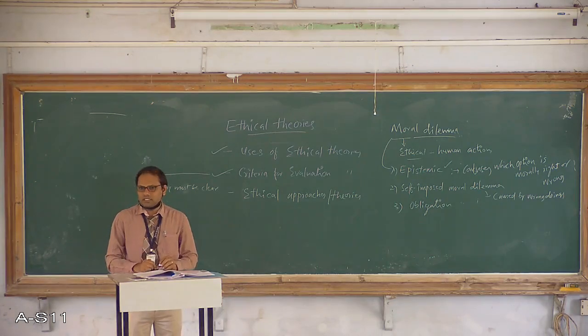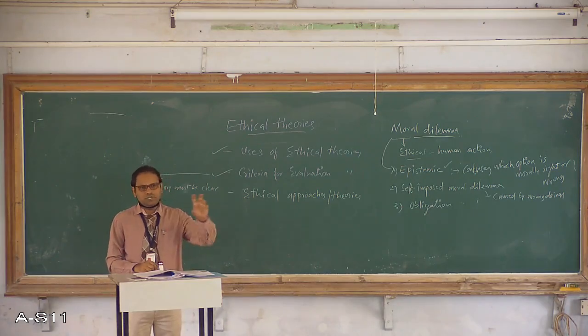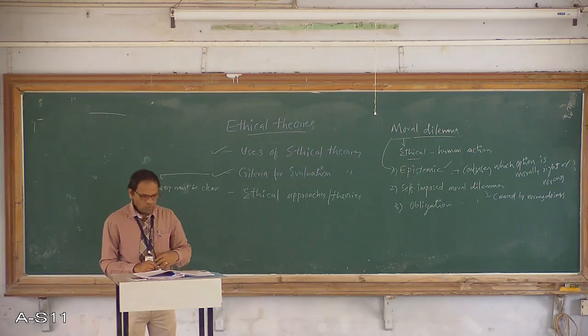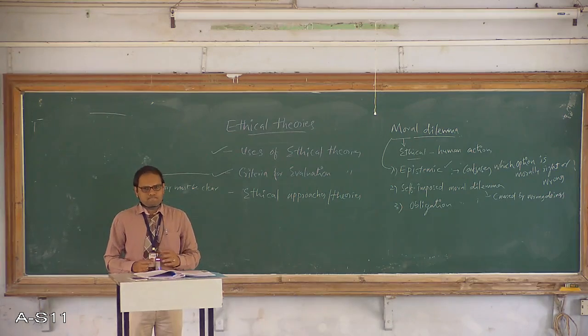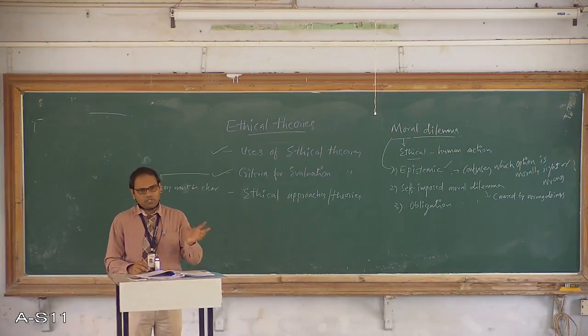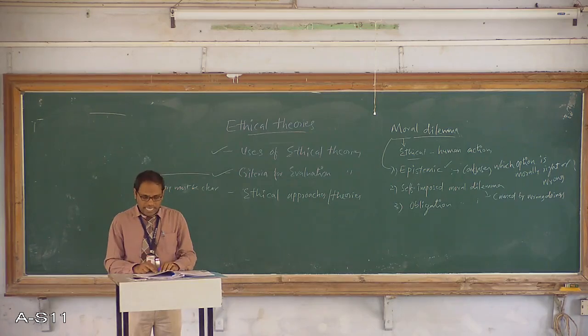For example, what are its outcomes? Whenever you take some situation and want to describe it, what are going to be the results, good or bad? Everything should be logically explained in the theory.